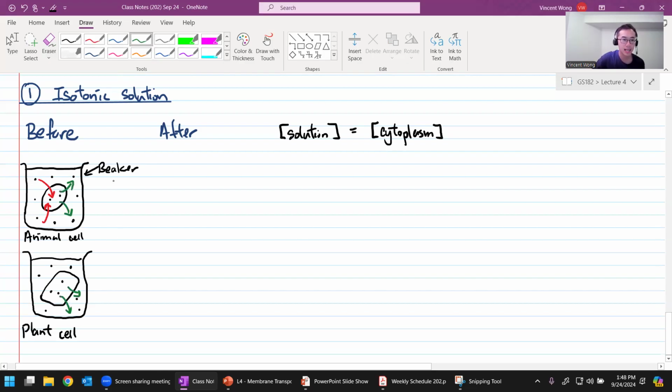And that's the same for both situations, for both animal and plant cells. So the rate of water coming in equals the rate of water leaving. No change in volume. No change in cell volume.